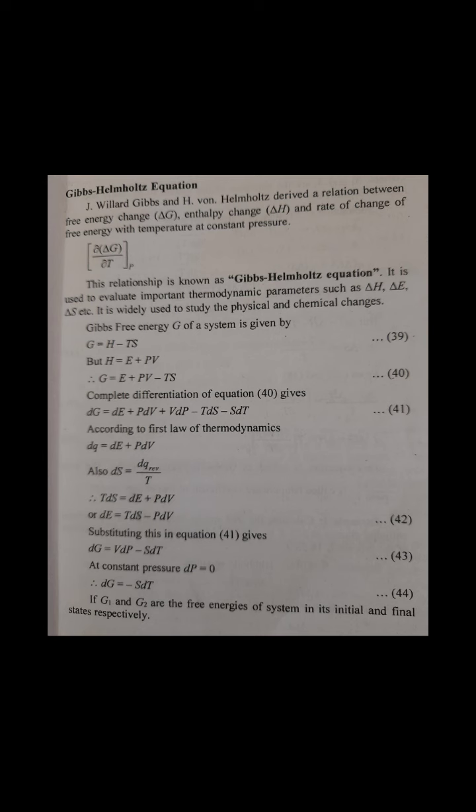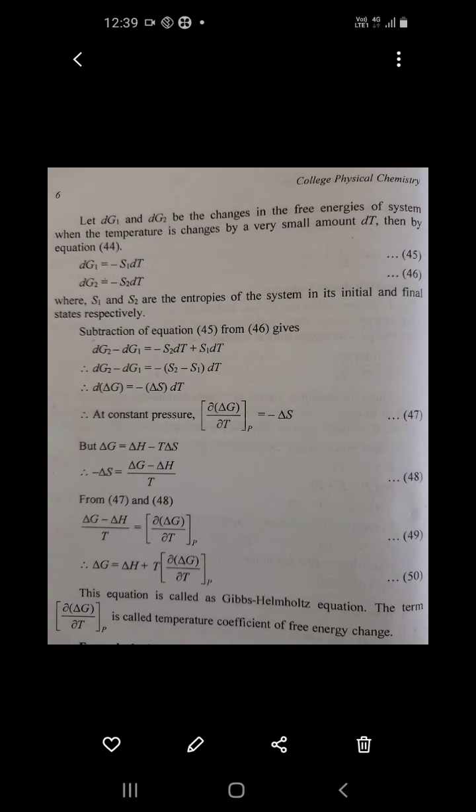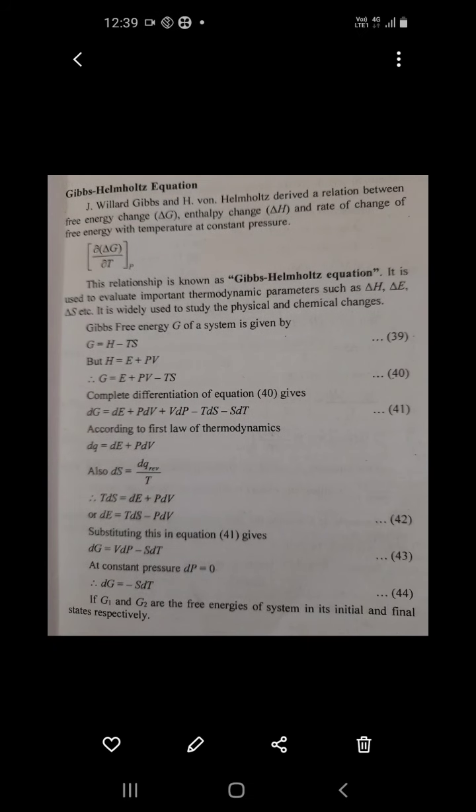So the meaning of rate of change of free energy with temperature at constant pressure P, that whole sentence is written in the form of del delta G upon del T at constant pressure. So that relation is called the Gibbs-Helmholtz equation. Okay, everybody understood?